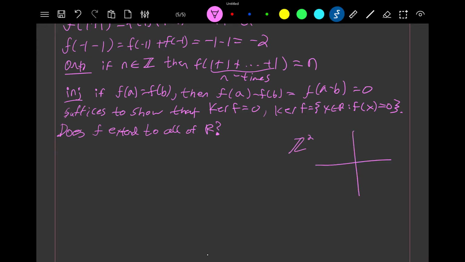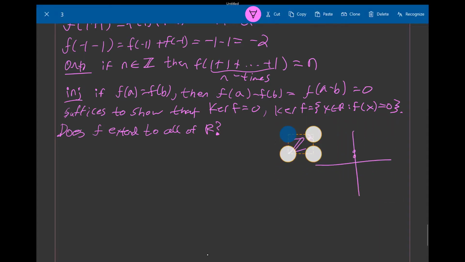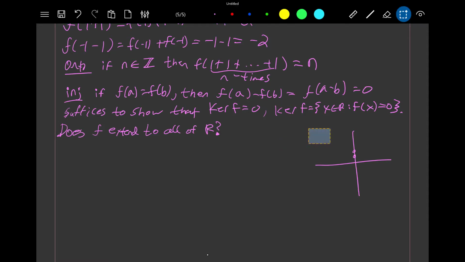Oh no, but z squared is not, okay, never mind. Or could I take all the lattice points?